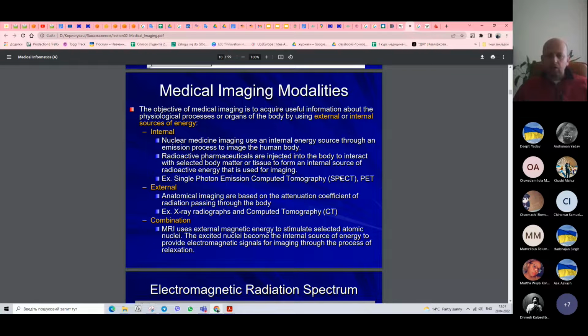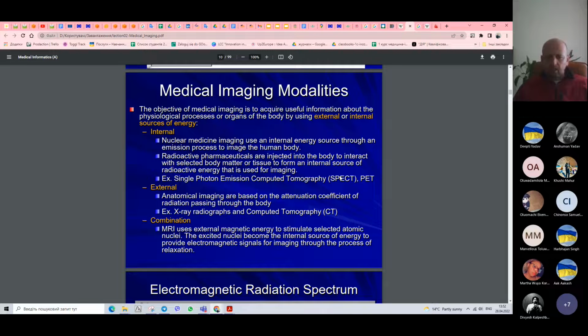Radioactive pharmaceuticals are injected into the body to interact with selected body matter or tissue to form an internal source of radioactive energy that is used for imaging. For example, single photon emission computed tomography.